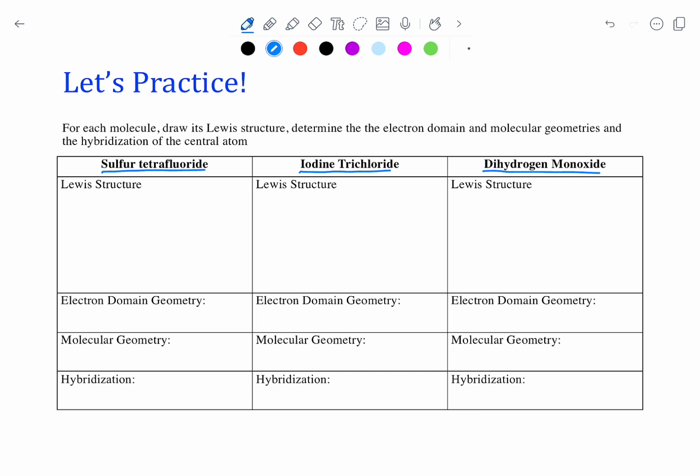Okay, so that should be a little bit of review from our previous lessons, and then bring it together with what we just learned and relating our electron domain geometry to our hybridization, and determine the hybridization of all of these molecules. So pause your video and draw out these Lewis structures and start figuring out their geometries, and feel free to go one step further and predict their hybridization, and then come back to the video to check your work.